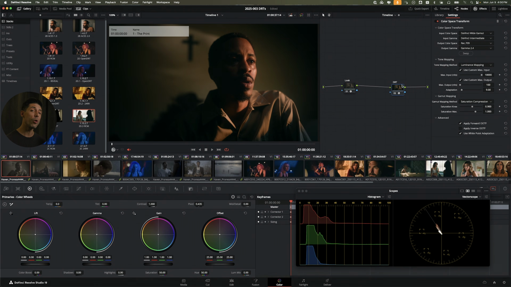Another one that may not always mean the same thing, but that people will often use to mean a DRT is your LUT or your viewing LUT. And we're going to see a little bit later today how a viewing LUT essentially can function as a DRT, but that's serving the same role. It is getting you from your working space out to your display space. So these are different overlapping terms that fundamentally can be used to refer to the same thing, which is how are you technically mapping from your working space out to a display space?